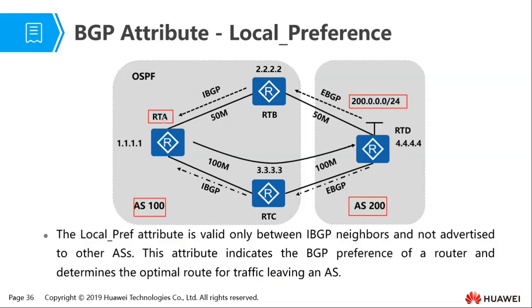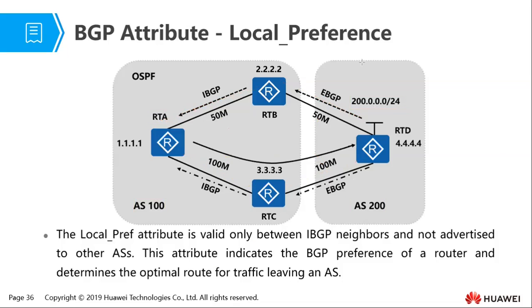RTA can use this path, or it can use this path. Which one is the optimal path? You can see that this path has a lower bandwidth compared to this path. So this path is the optimal path.